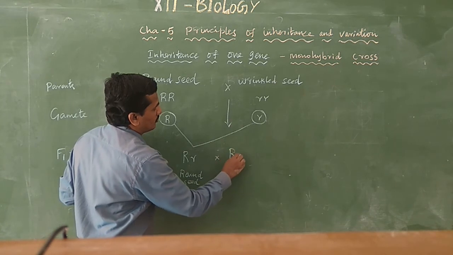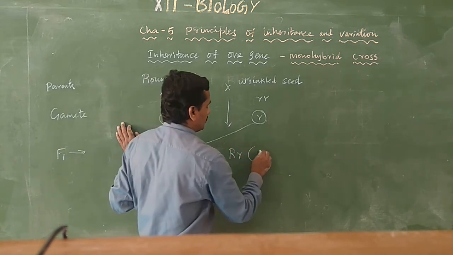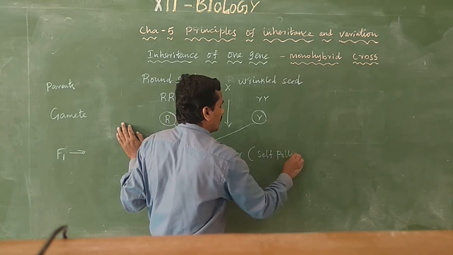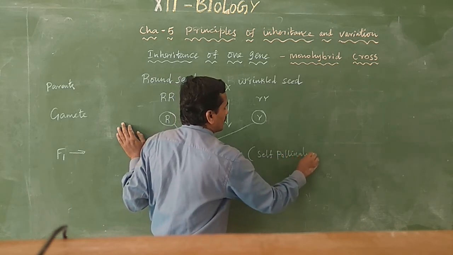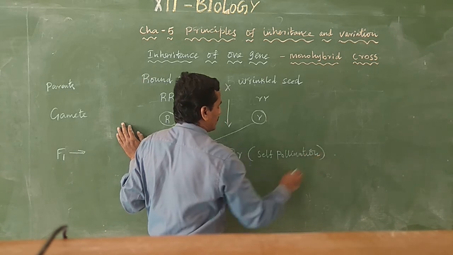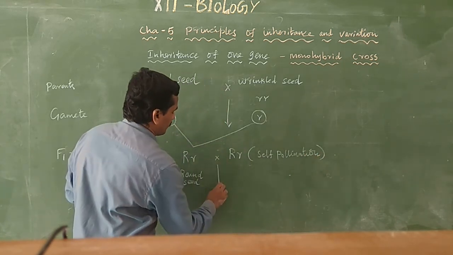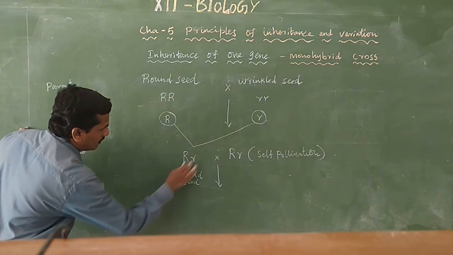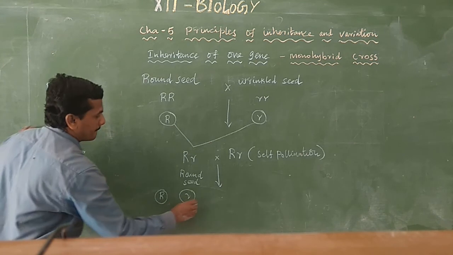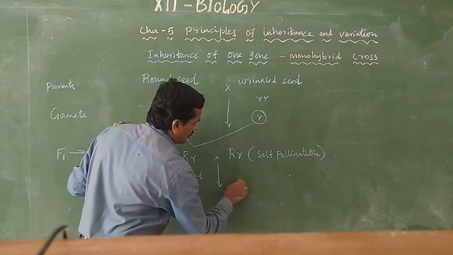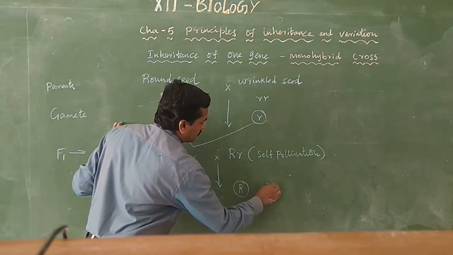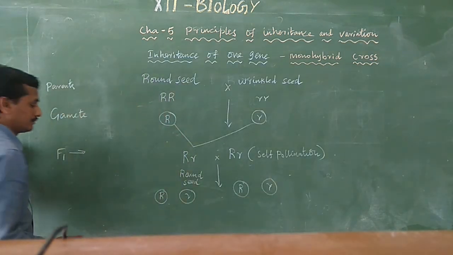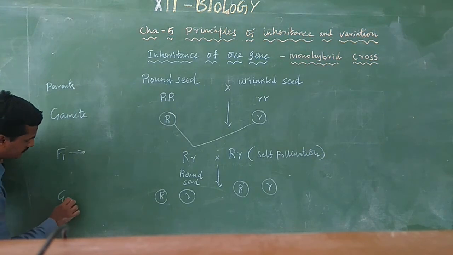The same round seeded plants are allowed to self-pollinate. Then gametes, capital R gamete and small r gamete. When drawing, leave space so it is easily visible.